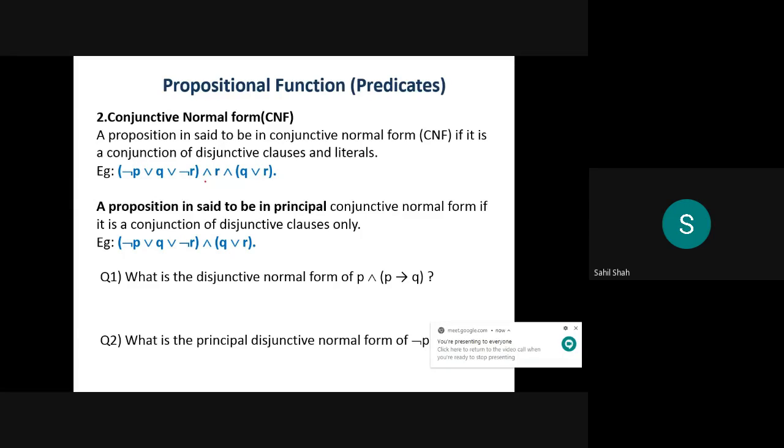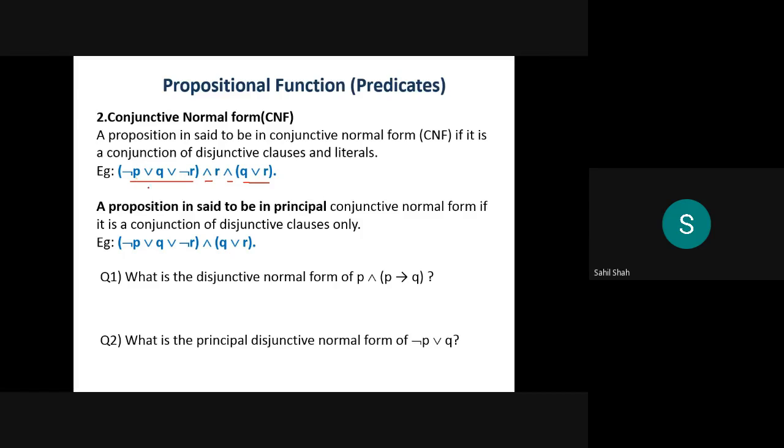Observe here. Conjunction is present outside while connecting two or more propositional statements, and inside the braces you must have disjunction. So this is one fundamental disjunction, also known as a disjunctive clause or max term. This is another disjunctive clause, and this is a literal.